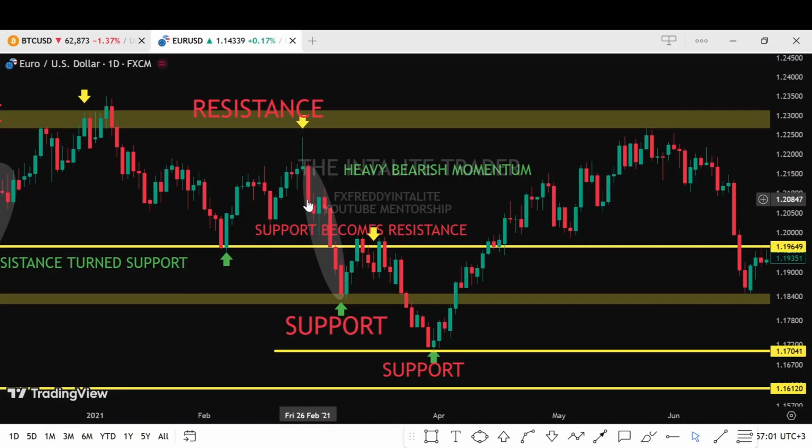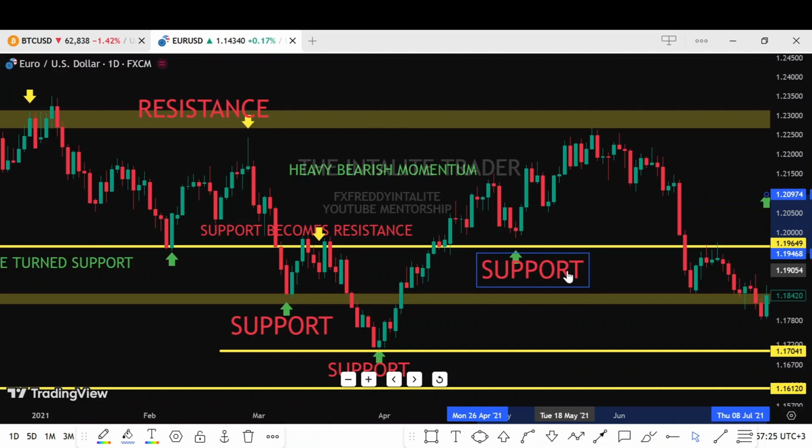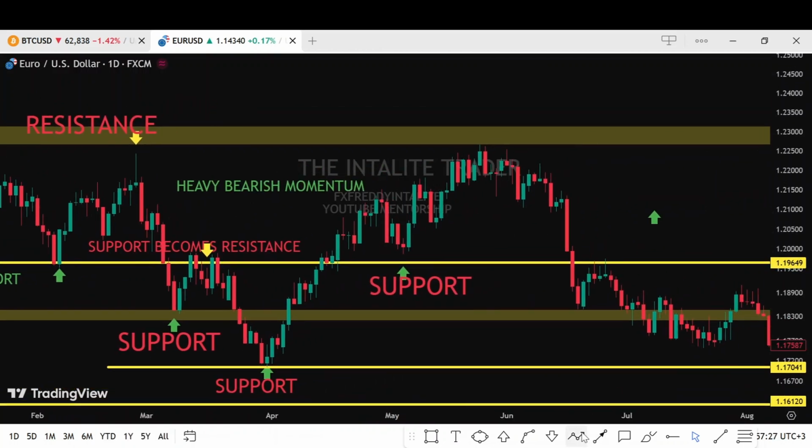Breaking above this resistance level. Here we have a breakout. So this resistance level here now became support again here. So we have support here, and price again went up.